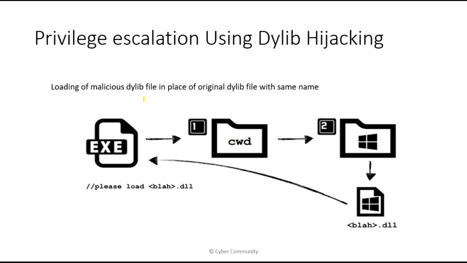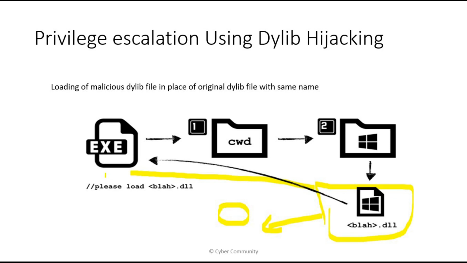So what will happen if we change the original library? We replace the original file with a different dynamic library having the same name, the same path, but different data.